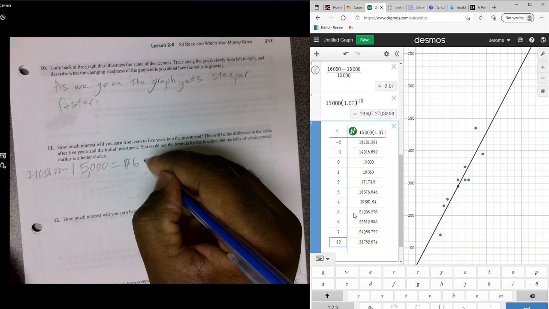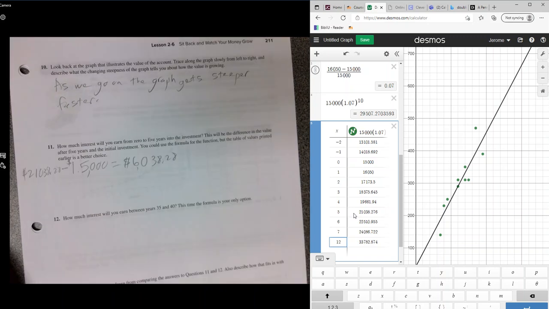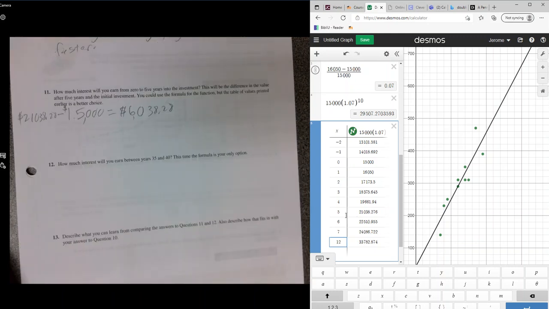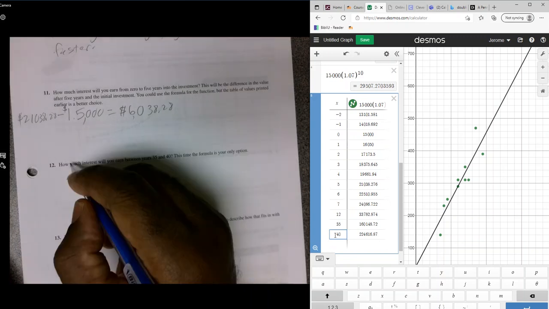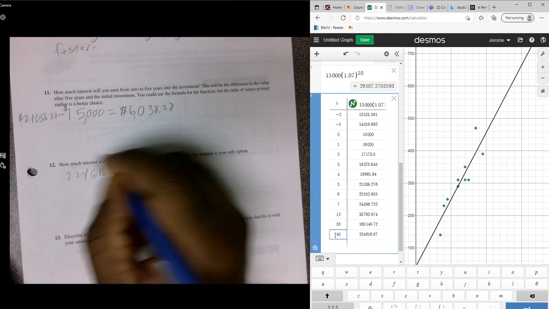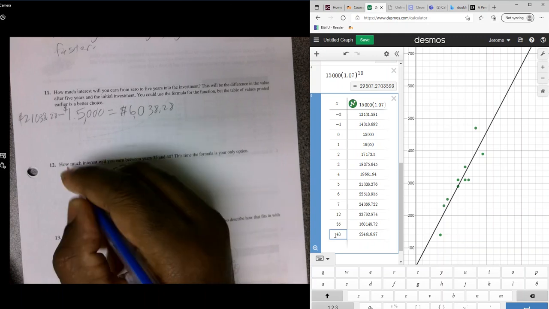Number 12, how much interest will you earn between years 35 and 40? So we'll type in 35, and then we'll do 40. So we have between years 35 and 40. So we'll take the 40th year, which is $224,616.87, minus the 35th year, which is $160,148.72.